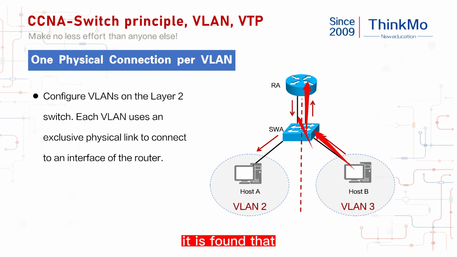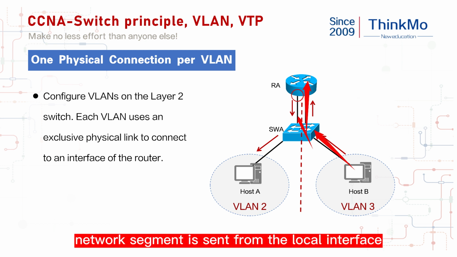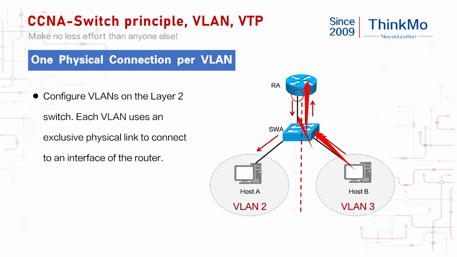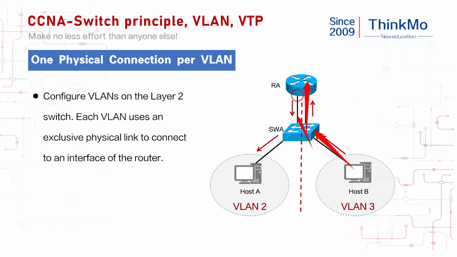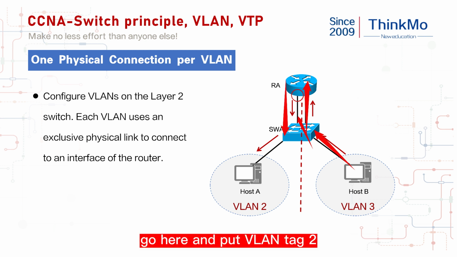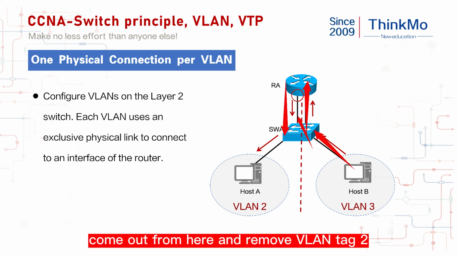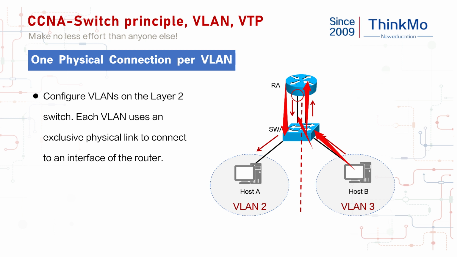It finds that the 2.0 network segment is reached from the local interface, and the next hop is this interface toward host A. It comes out and sends out a blank data frame, goes here and is given VLAN tag 2, comes out from here and VLAN tag 2 is removed, then it is sent to host A here.